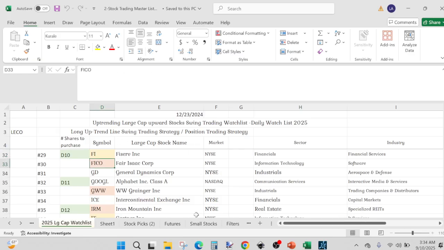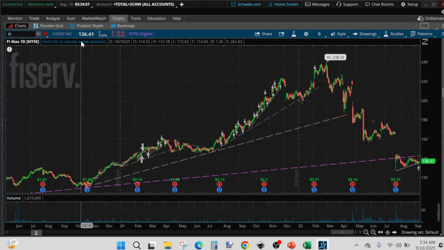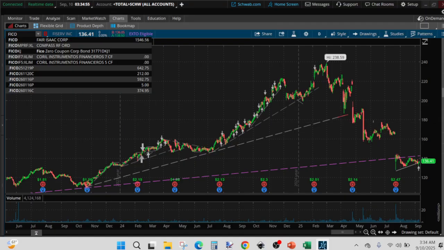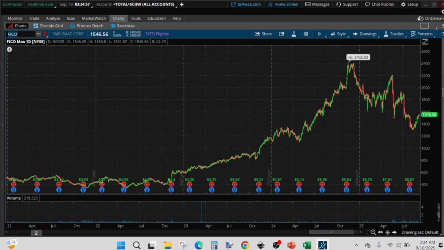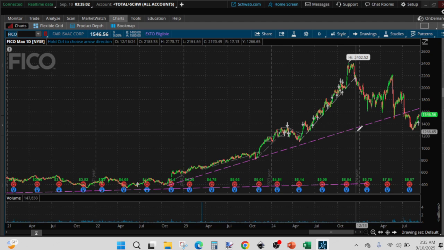So the next one is FICO, and it is highlighted because I purchased it already. So we are going to take a look at it. Right now, you can see we have two lines here.